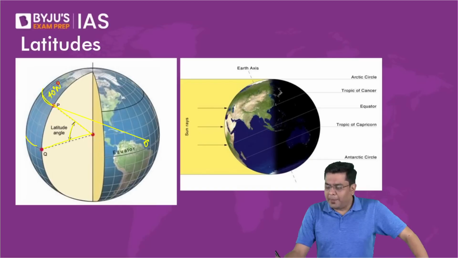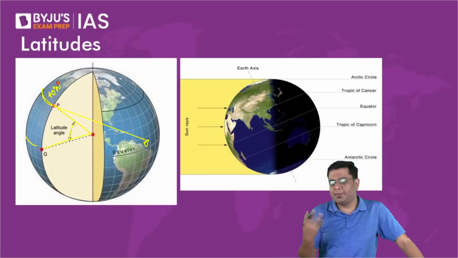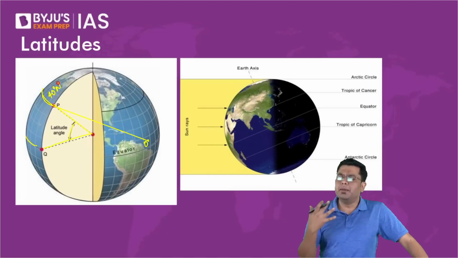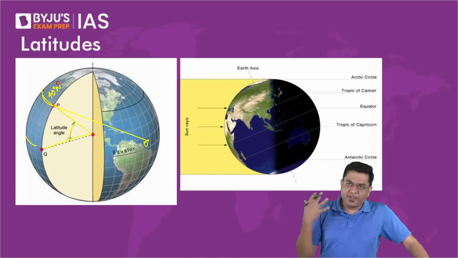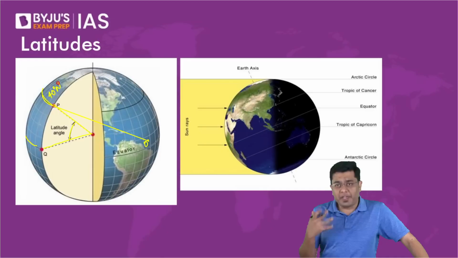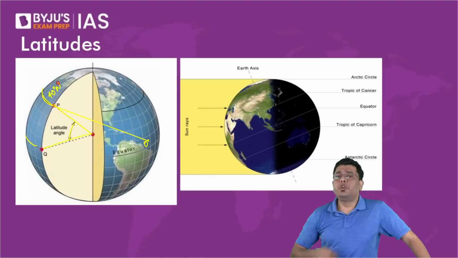The asteroid belt is basically a group of asteroids or planetesimals which move between Mars and Jupiter, and they have been present there ever since the formation of the various planets itself. So these are those pieces which have not materialized into any kind of planet.